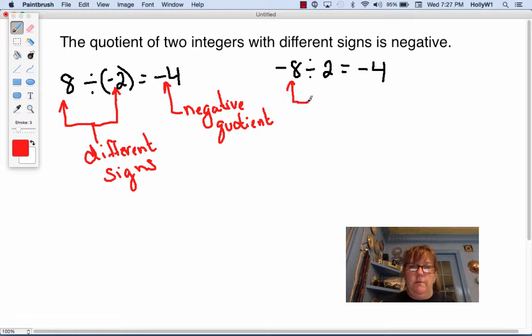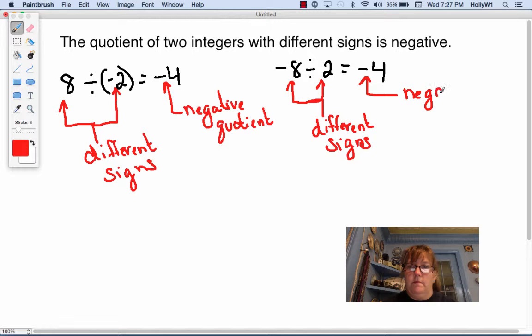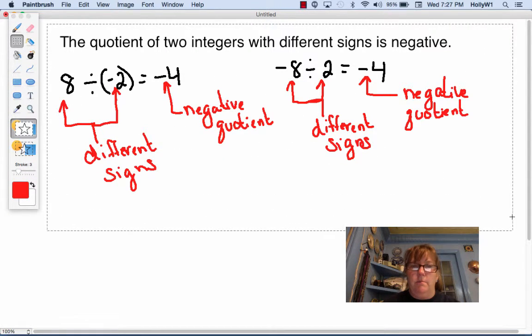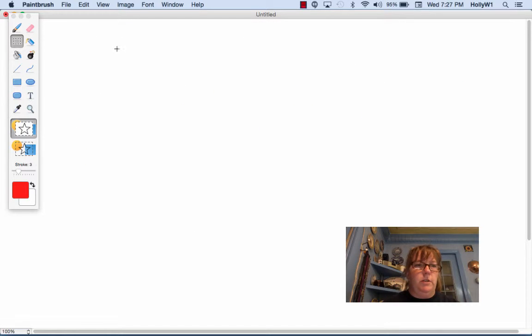And these are different, and a negative. Okay, so this is all very similar to what you did with multiplication. So let's try some examples on your own.